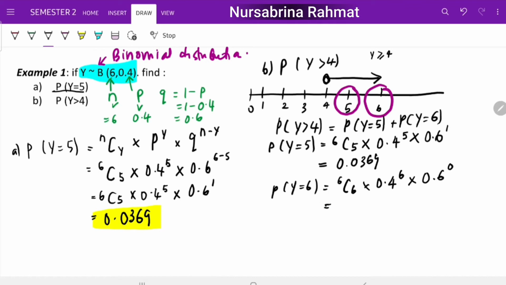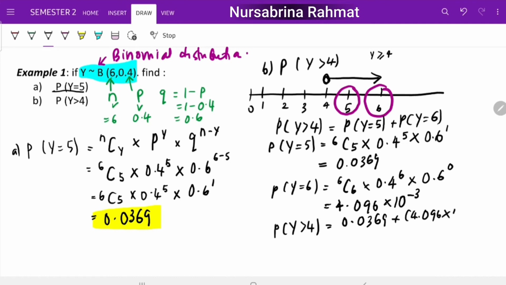Press your calculator for this one and you will get 4.096 times 10 to the power of negative 3. To get P(Y greater than 4), we add up both values: 0.0369 plus 4.096 times 10 to the power of negative 3, which equals 0.041. This is the value of the probability.